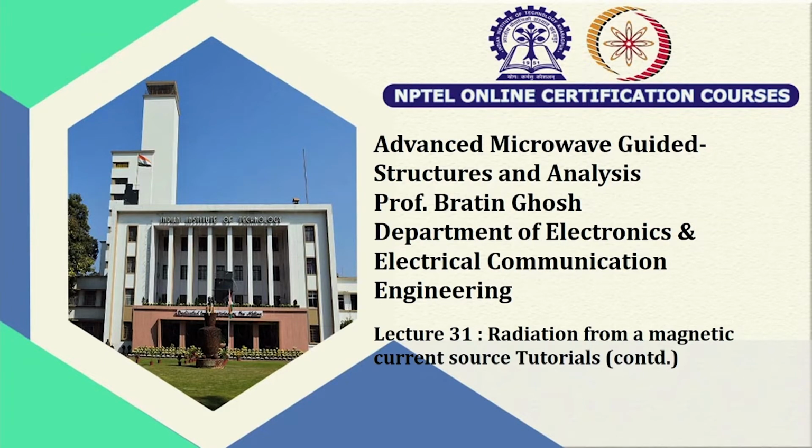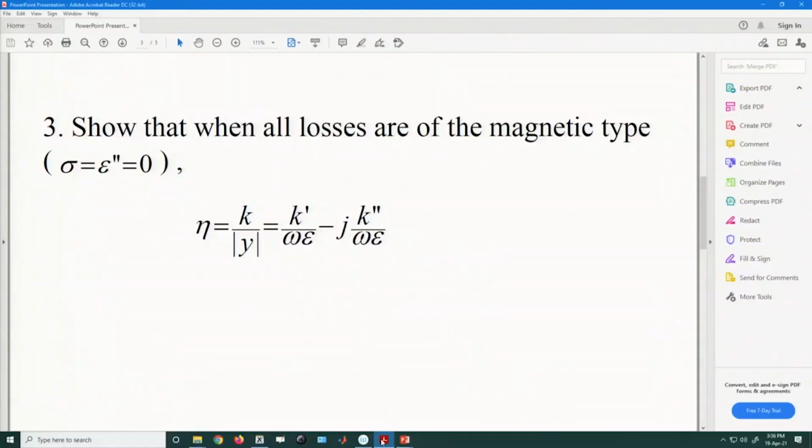So, to start with, the first problem states that we need to show when all the losses are of the magnetic type, then eta equals k by mod of y, that is k bar upon omega epsilon, which equals k prime upon omega epsilon minus j k double prime upon omega epsilon.